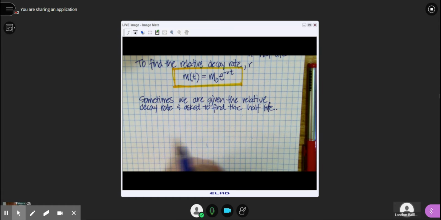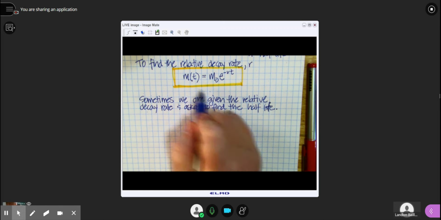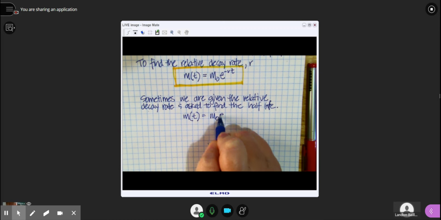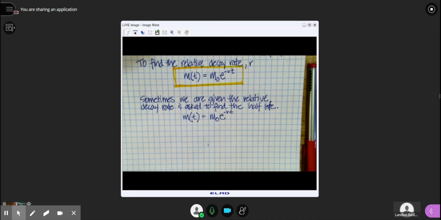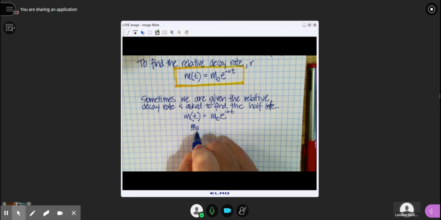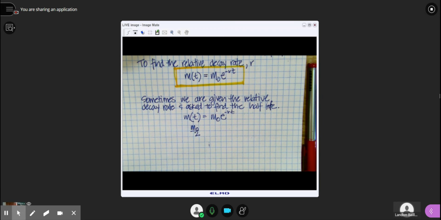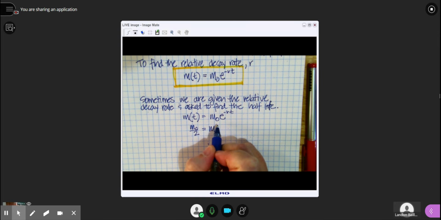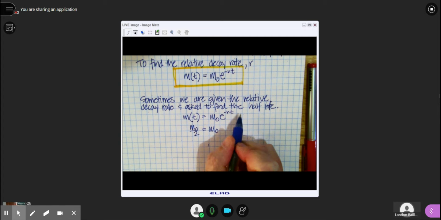So what we do is we start with this relative formula: m of t is equal to m of 0 e to the negative rt. Now remember, half of that would be m of 0 divided by 2, and we're going to use the relative rate to find the half-life.